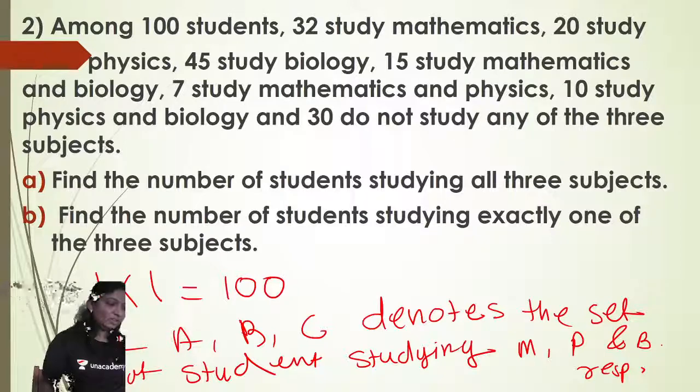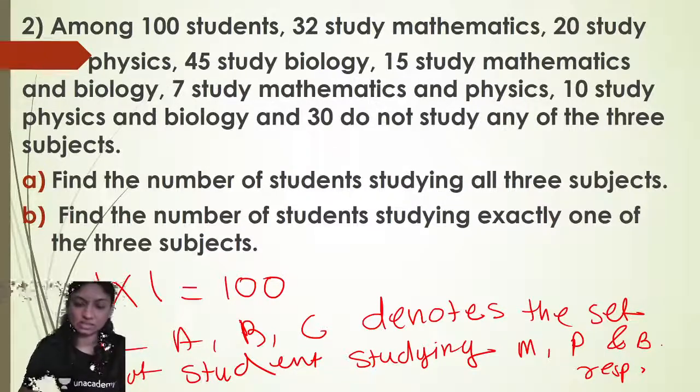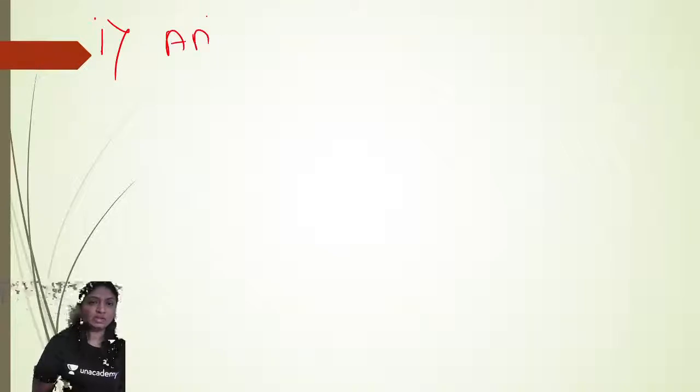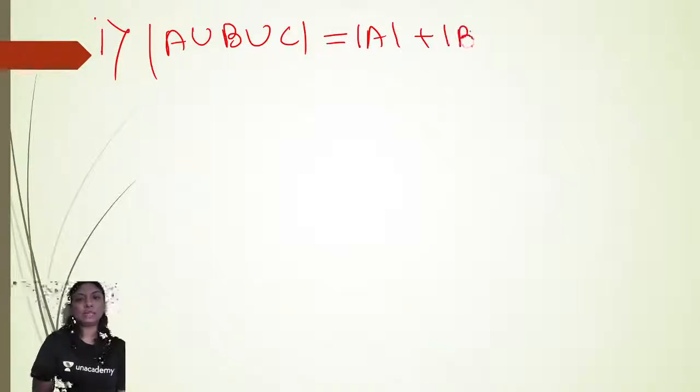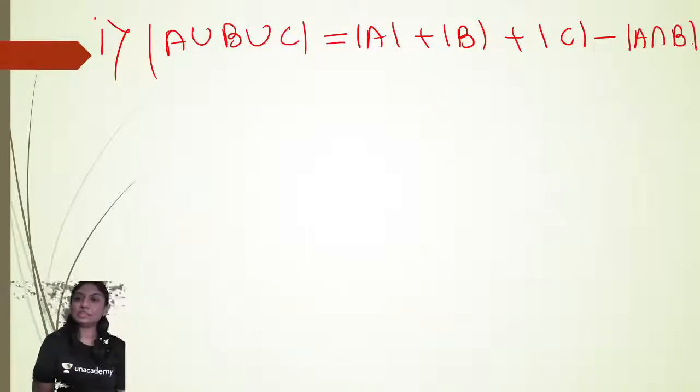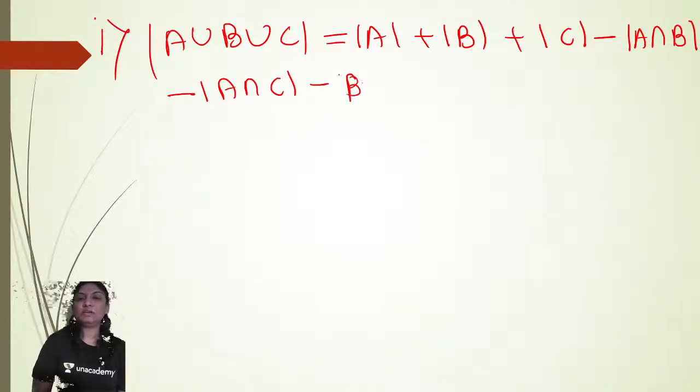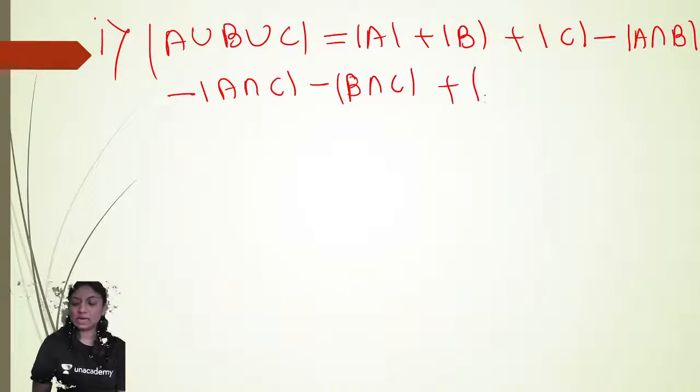So we will first calculate the number of students who study all three subjects, that is A intersection B intersection C. By the principle of inclusion and exclusion, cardinality of A union B union C is cardinality of A plus cardinality of B plus cardinality of C minus cardinality of A intersection B minus cardinality of A intersection C minus cardinality of B intersection C plus cardinality of A intersection B intersection C.